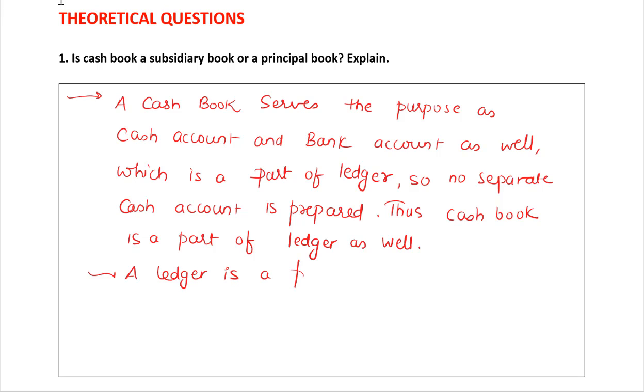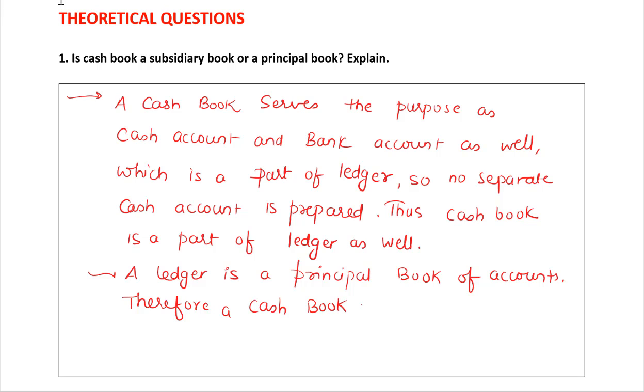A ledger is a principal book of accounts, and therefore a cash book is both a subsidiary book and a principal book.